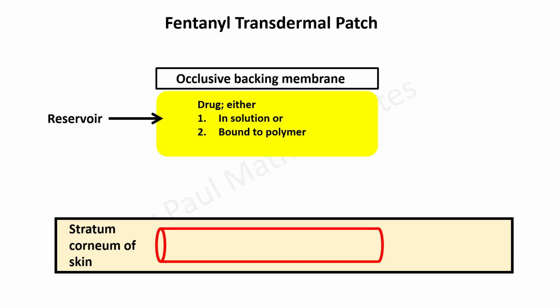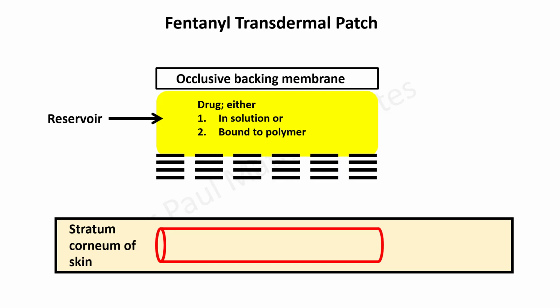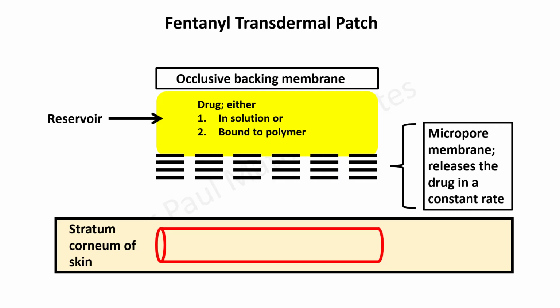On the upper surface of the reservoir, we have an occlusive backing membrane, and on the undersurface of the reservoir, we have a micropore membrane that releases the drug at a constant rate. You can see the drug being released into the stratum corneum of the skin in the diagram.